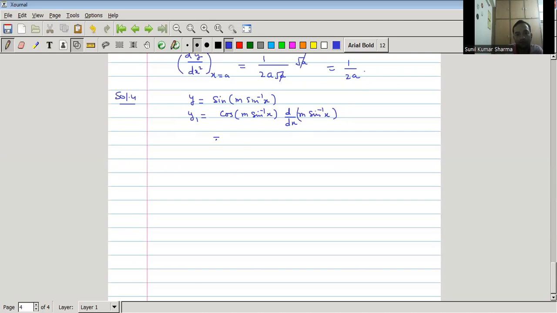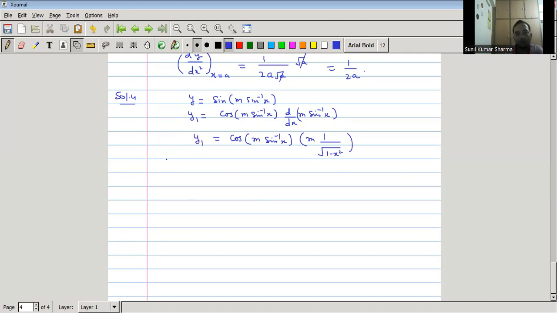This is equal to cos m sine inverse x into m times the derivative of sine inverse x, which is 1 upon under root 1 minus x square. So this is y1.